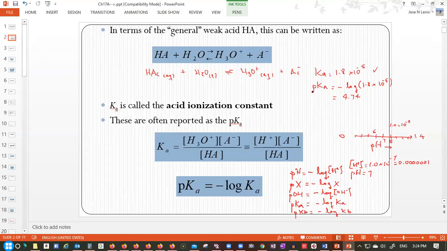Or if the problem gives you only pKa, but during the process you need to know the actual value of the Ka, well, you can convert this into Ka. How? Do the anti-log of this. So that will be Ka.